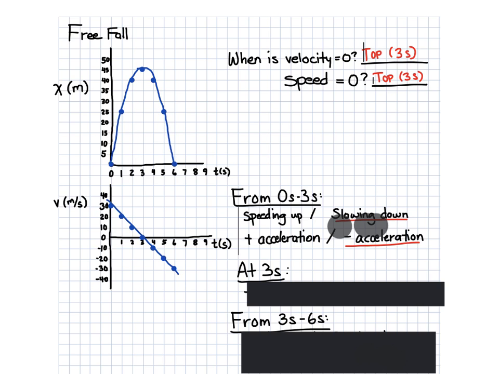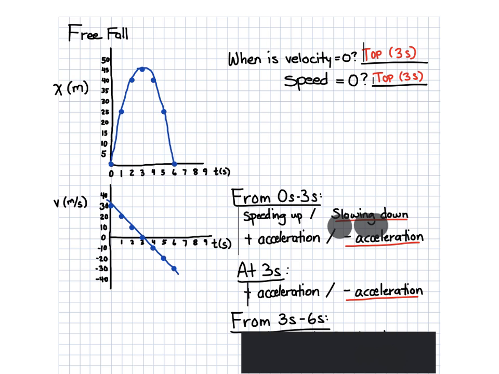But is that a positive or negative acceleration? That's negative. Well, how do I get acceleration? That's just the slope, and that slope is negative, right? The slope of the velocity graph is the acceleration. It's a negative acceleration. Next one, at the very top at 3 seconds, what's the acceleration?